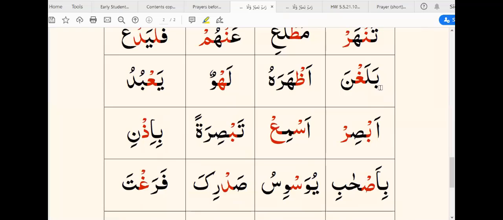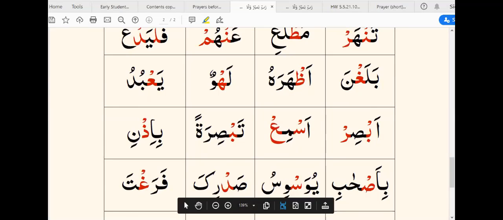Okay. So over here we have letter lam with a fatha following letter ghain with a sukoon. So we're going to join letter lam and letter ghain. Balaghna. Well done. Over here we have letter zwa with a sukoon. So we're going to join letter alif with letter zwa.